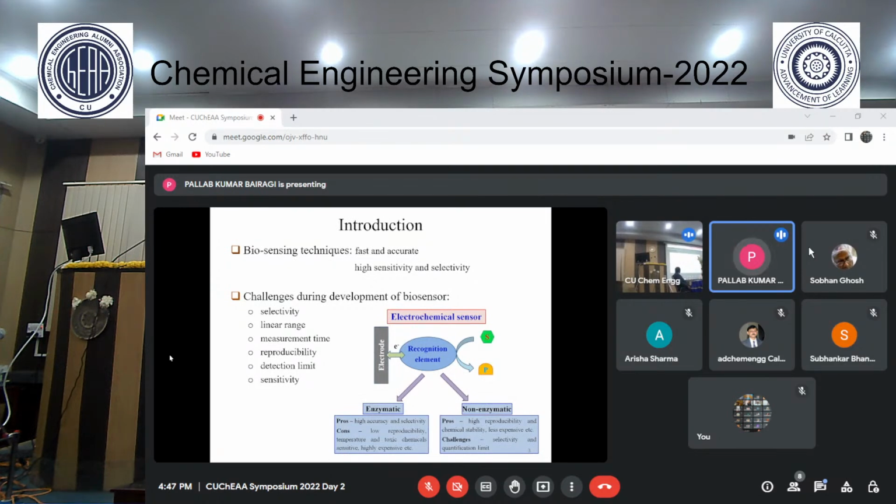Based on the recognition element used, this can broadly be classified into two categories: enzymatic or biomolecule based and non-enzymatic electrochemical sensor. The first category offers high accuracy and selectivity. However, the tendency to be denatured in the presence of toxic chemicals and with the change of temperature and pH is the main drawback of these expensive biomolecule based electrochemical sensors.